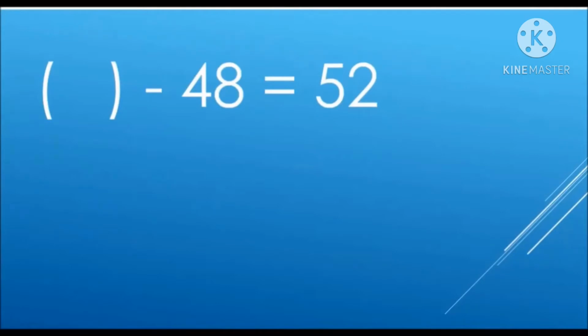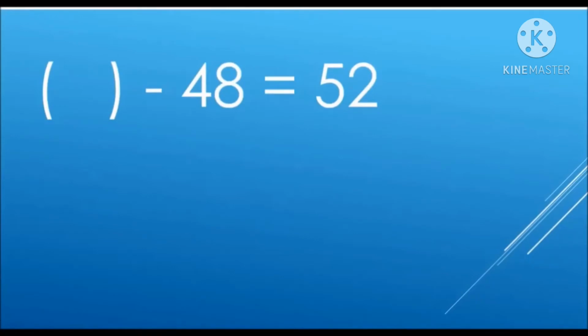Missing number minus 48 is equal to 52. So we can see that the missing number is also the bracket. To find the missing number using the additional formula, first we need to look at the first two in the equation.